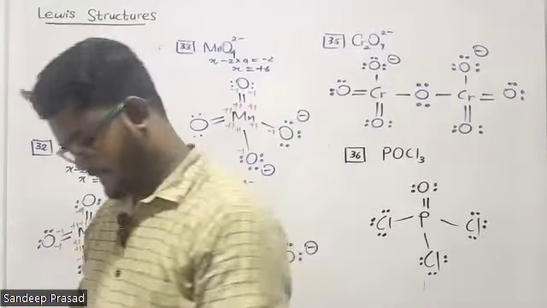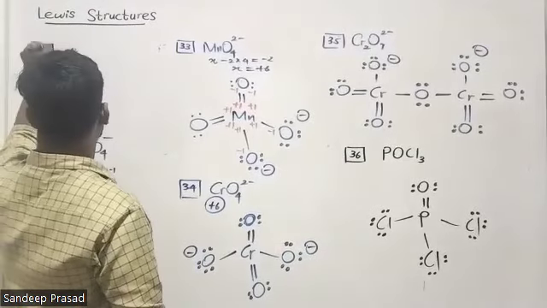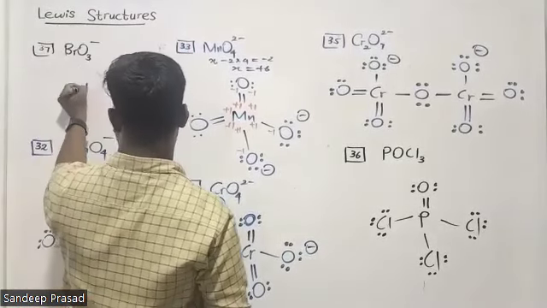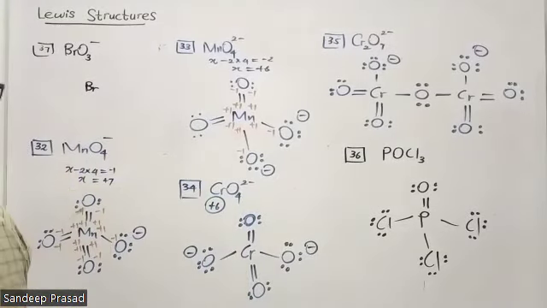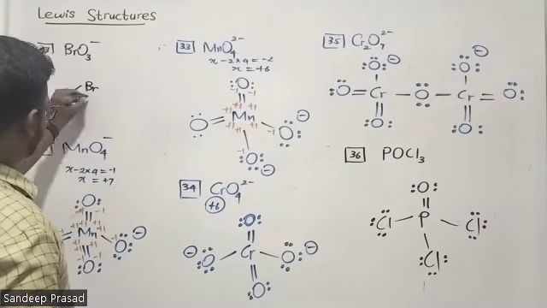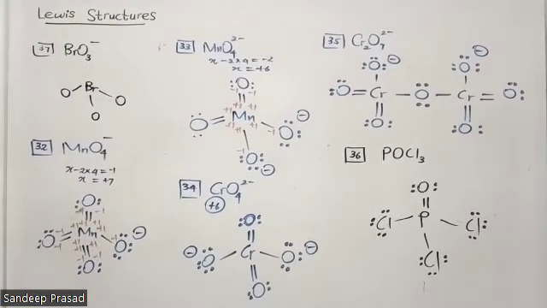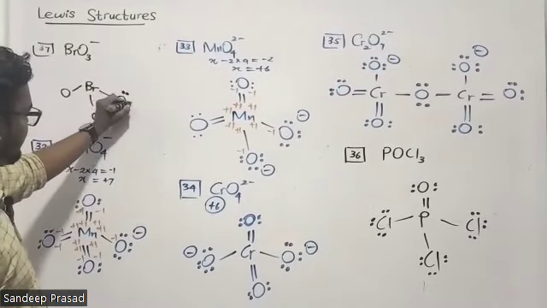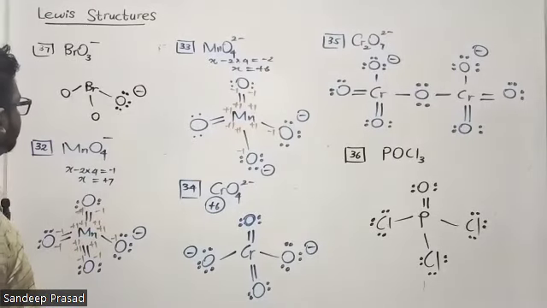37. BrO3 minus. Bromine is connected to 3 oxygens. Students, we can see that there will be only one negative charge. Therefore, we can keep one oxygen atom with the negative charge here in this way.